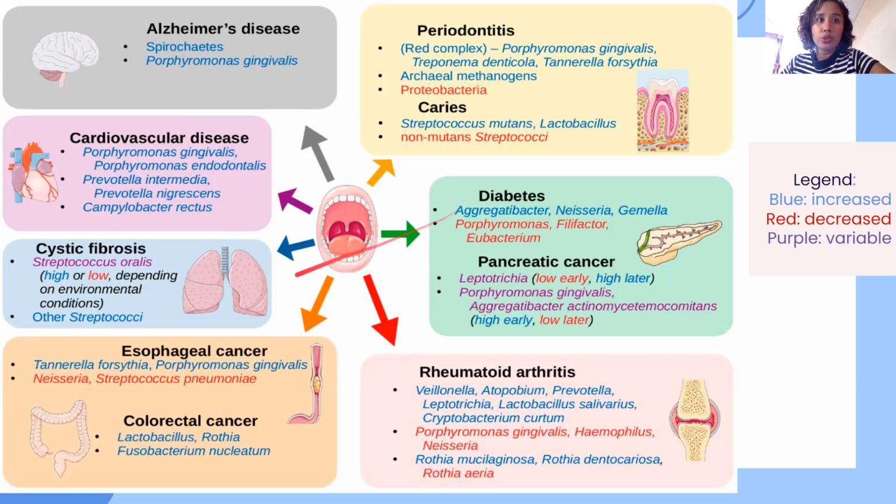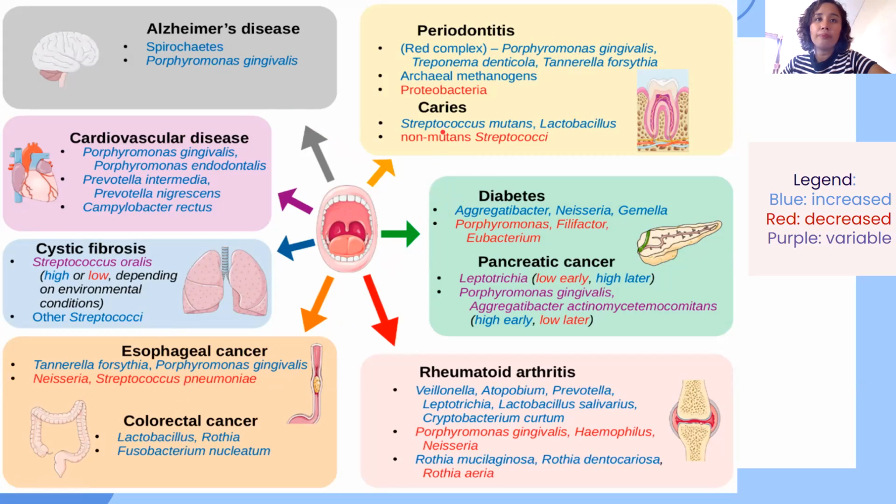Esophageal cancer, Porphyromonas rin, and Tannerella. Decrease naman ang Neisseria. Yan. In periodontitis, yan. So, Porphyromonas gingivalis, mataas. Treponema denticola, Tannerella, and archaeal methanogens.